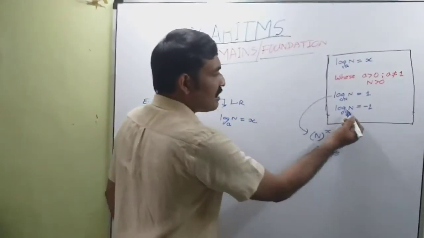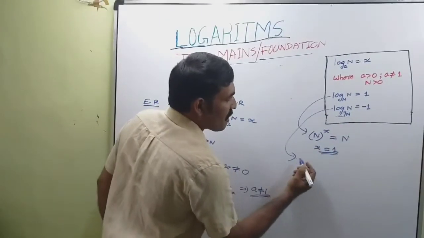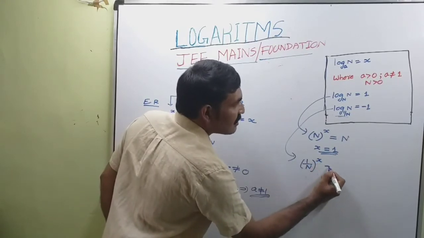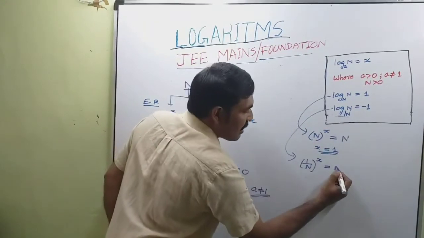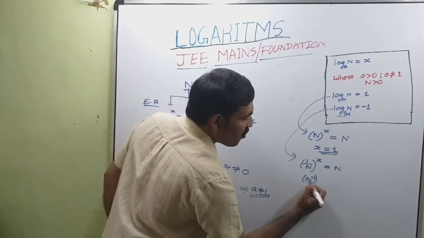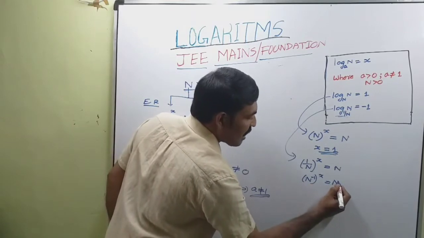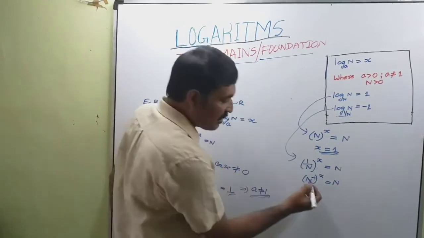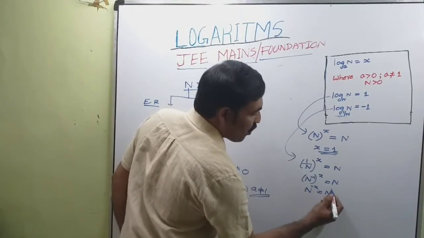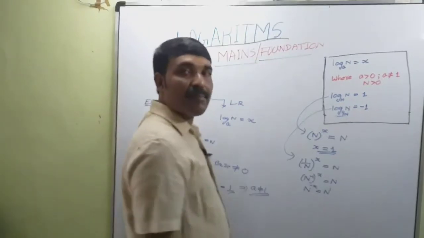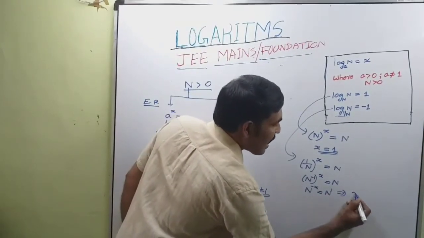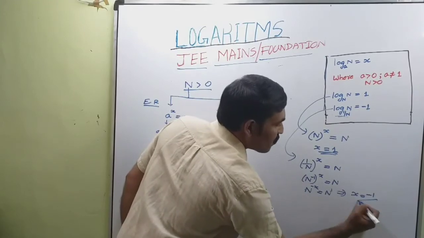So, we can represent this in exponential form as 1 by n raised to x is equal to n, or n raised to minus 1 whole raised to x is equal to n, or we can write this as n raised to minus x is equal to n raised to 1. Now comparing the powers in RHS and LHS, this implies x is equal to minus 1.